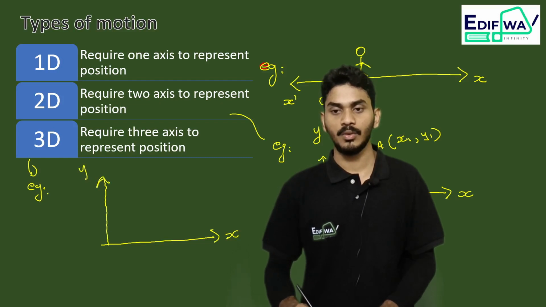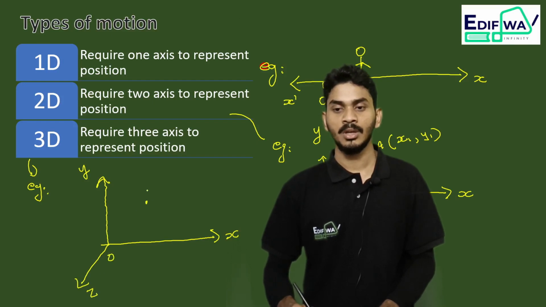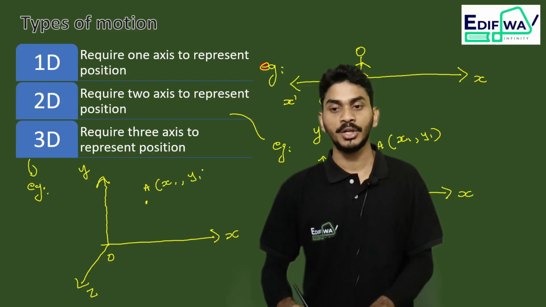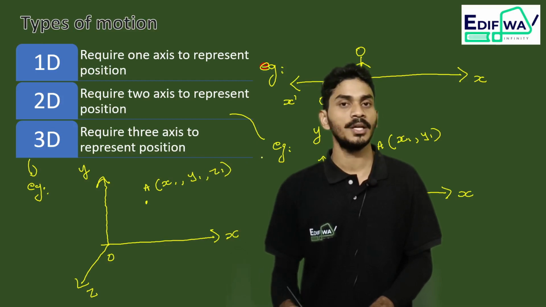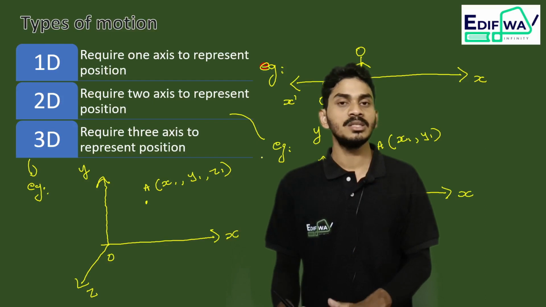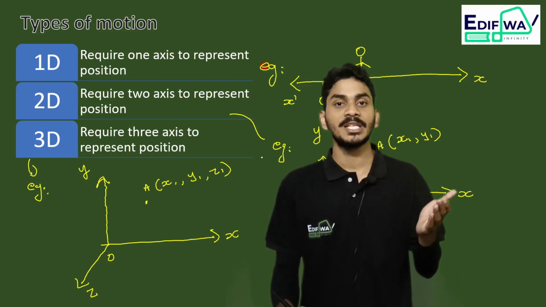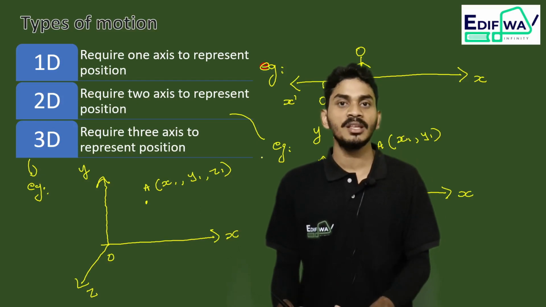This is your y-axis and this is the z-axis and this is your origin. Suppose the boy is again at the position A here in a space, then your coordinate will be the ordered triplet x1 comma y1 comma z1. Clear? So this is how we give the position for a body moving in space, that we need 3 coordinates. So that is what is meant by 3 dimensional motion.